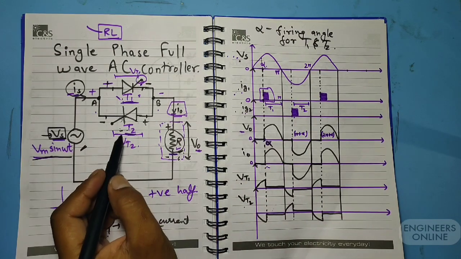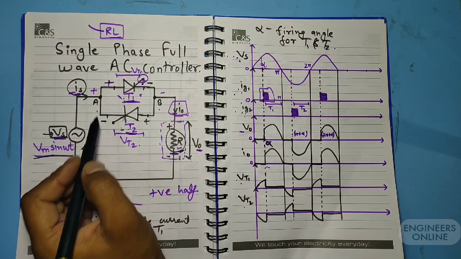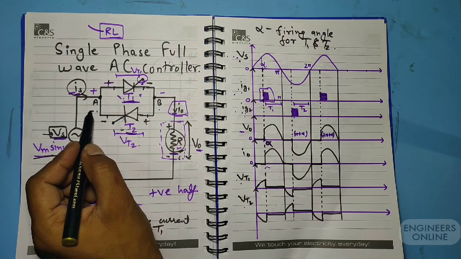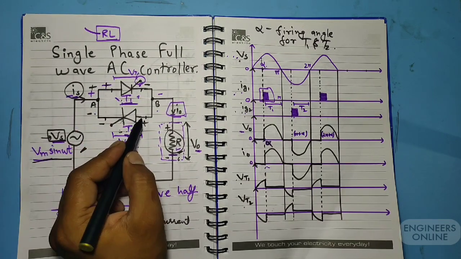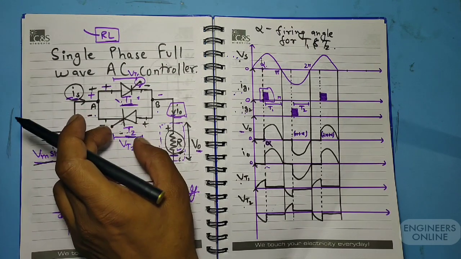And the same in T2. For the first cycle, this terminal is negatively charged and this is positively charged, so T2 is also in forward bias and will also get a potential drop.